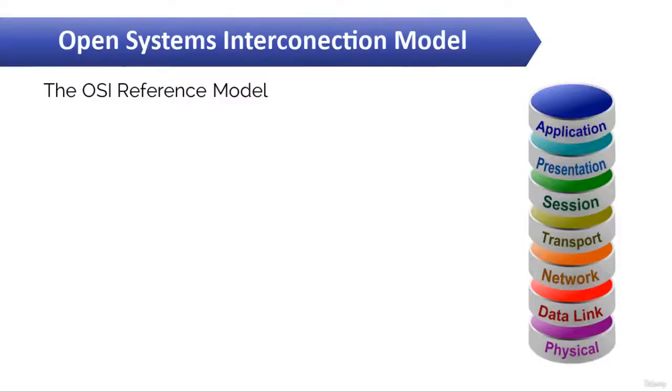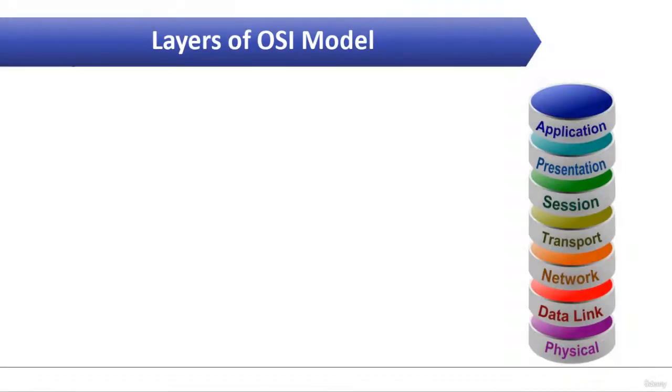Let us finally start with the OSI reference model. One of the greatest functions of the OSI specifications is to assist in data transfer between disparate hosts, regardless of whether they are Unix, Windows or macOS. But keep in mind that the OSI model isn't a physical model.